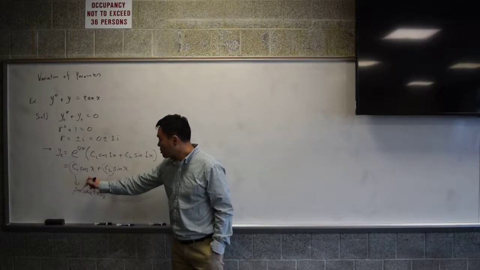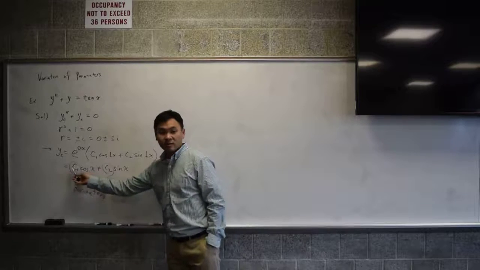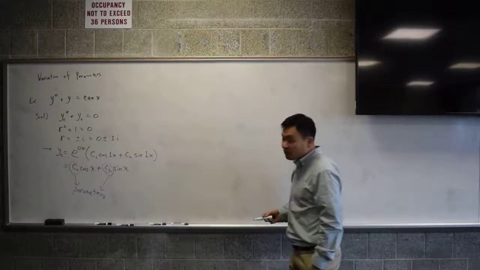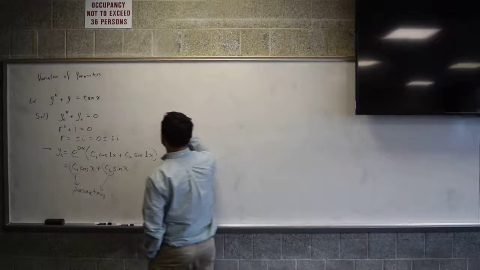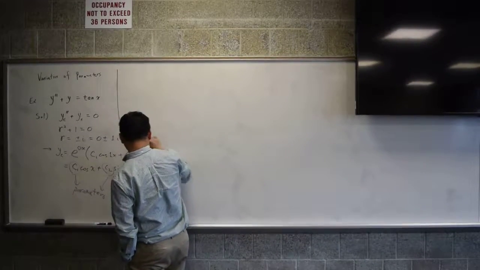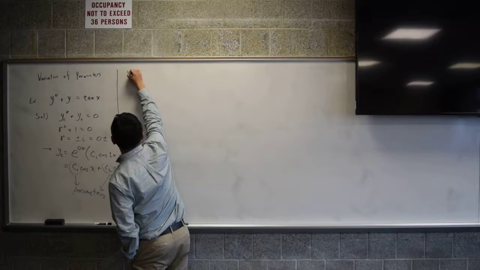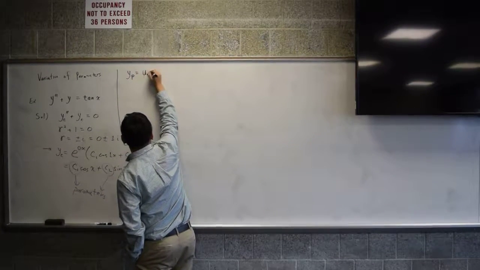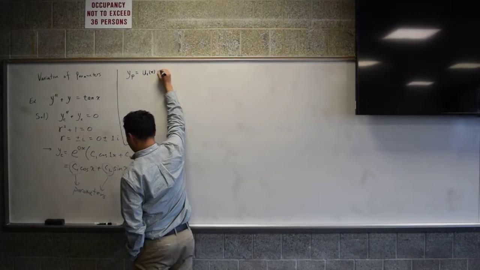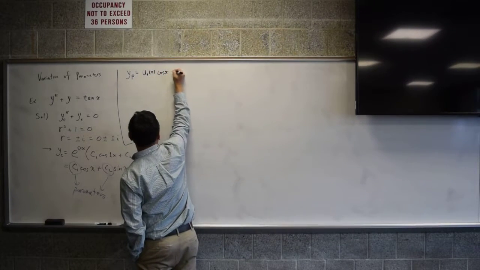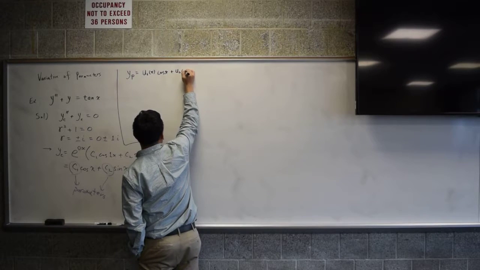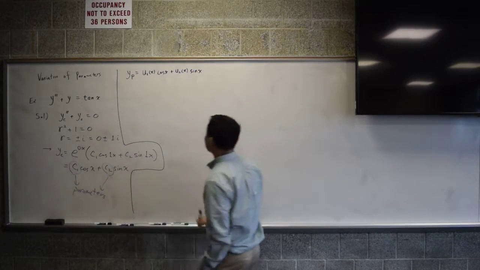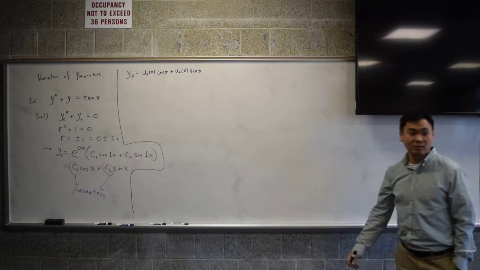All right, so let me try to explain what variation of parameters is. Notice that these are constants, right? c1 is a constant, c2 is a constant. Variation of parameters says that what you want to do is to come up with a solution that looks like this, with functions instead of constants.